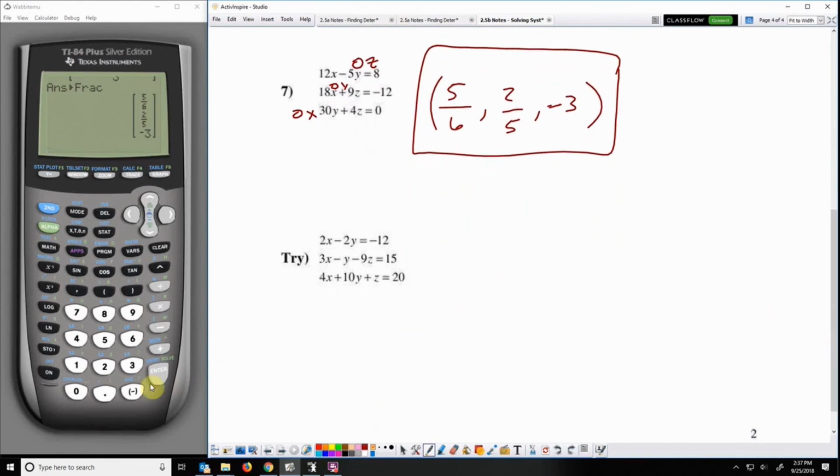All right, one more practice. So we'll go to matrix, edit matrix 1. This is a 3x3 system because I have x, y, and z. So I have 2 for x, -2 for y, and I don't have a z, so that's 0. Then I have all the x, y, and z for the next 3, so I've got a 3, -1, and -9.